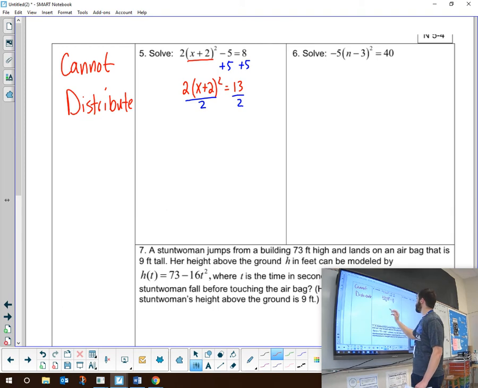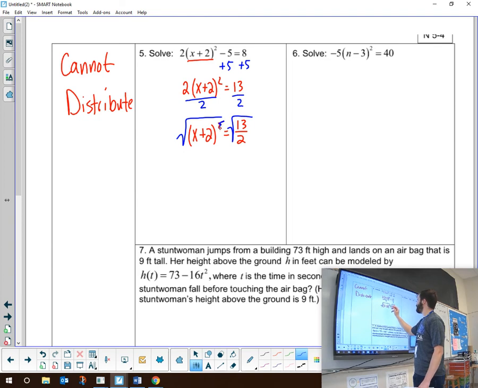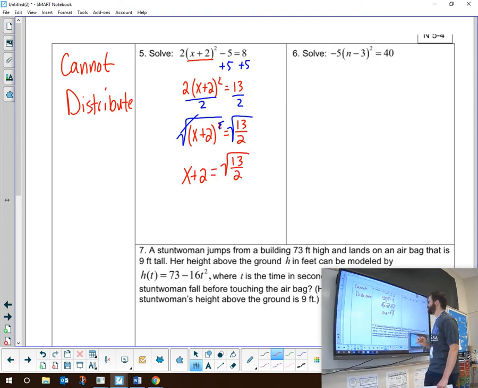And so I'm going to get x plus 2 squared equals 13 over 2. Now, to get rid of this squared, I'm going to square root. That cancels out that squared, so we just have x plus 2 equals the square root of 13 over 2.